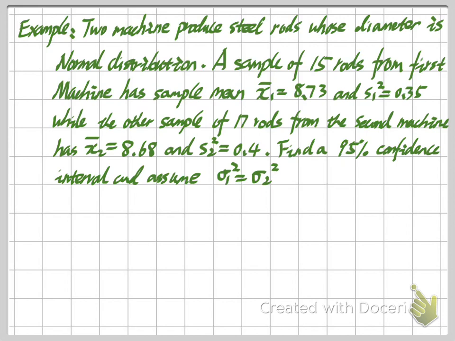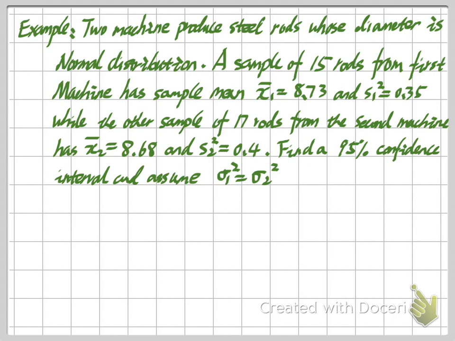So now we select one sample from the first machine with 15 rods, and the information about this first sample is the sample mean x bar 1 is equal to 8.73, and the sample variance is equal to 0.35.